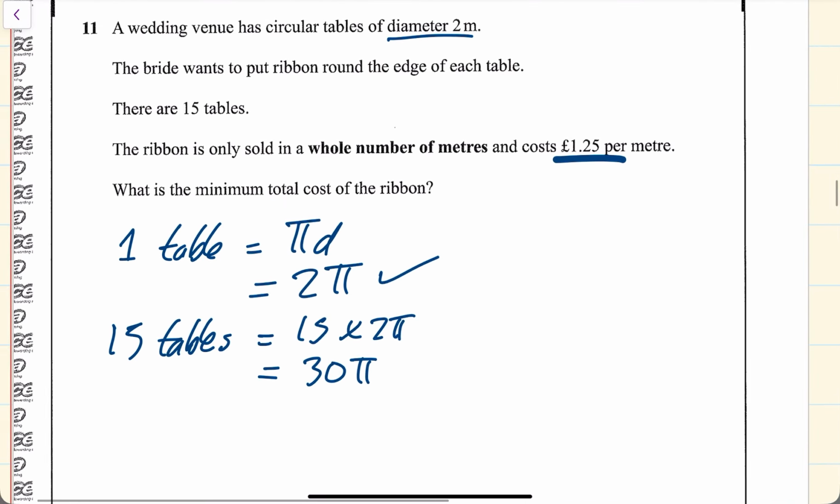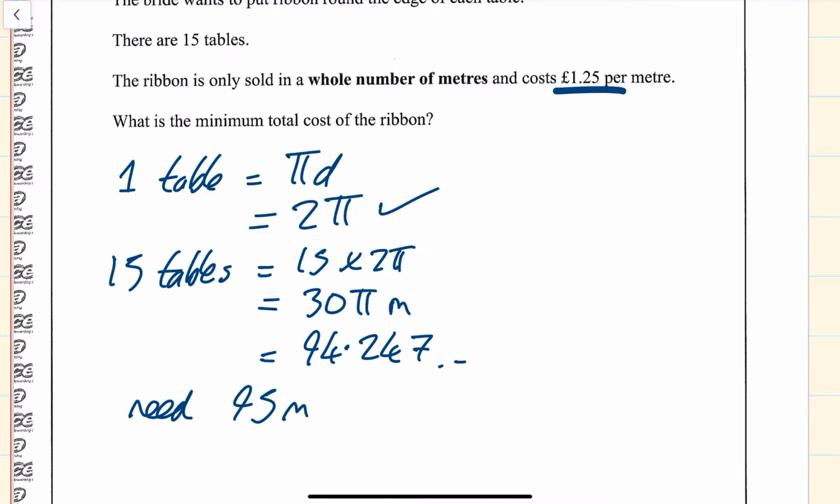And that's going to be meters, in whole numbers of meters. 30 times pi works out to be 94.24, and so on. So that means we need 95 meters.